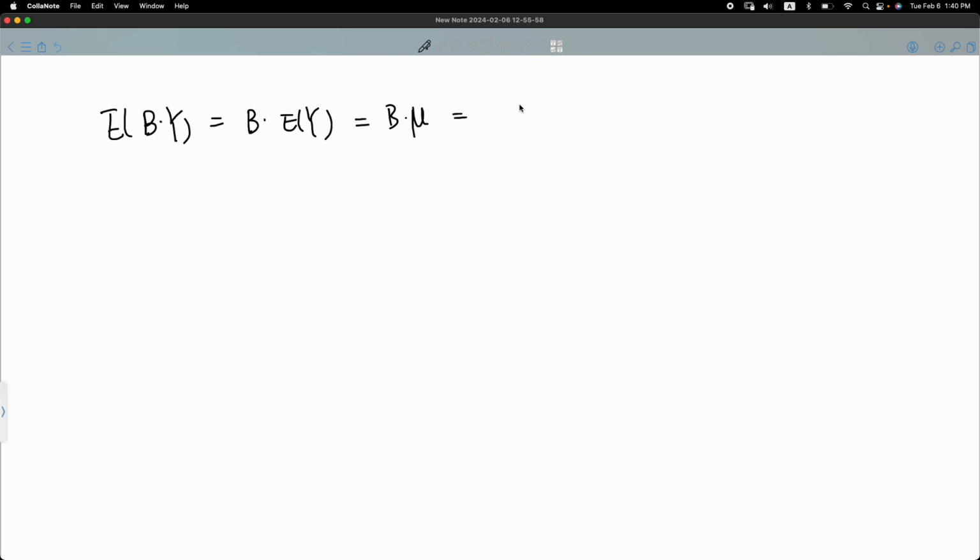Here we just have I, negative A, 0, identity multiplied by mu1 and mu2 from the partition. This should also be a 2 by 1 block vector. So mu1 minus A multiplied by mu2, a subvector of the mean, and also mu2.